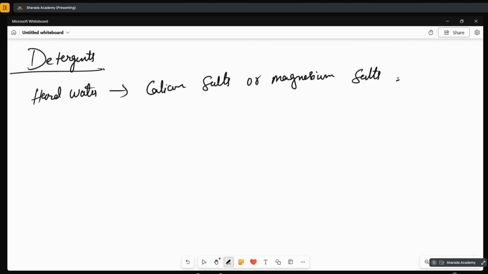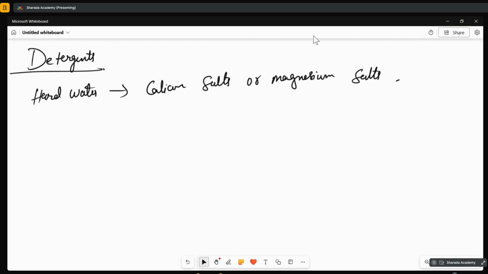Either you take underground water or river water. Underground water in many places contains calcium and magnesium salts, because minerals are present in the earth. So it is called hard water. It is present in nature.